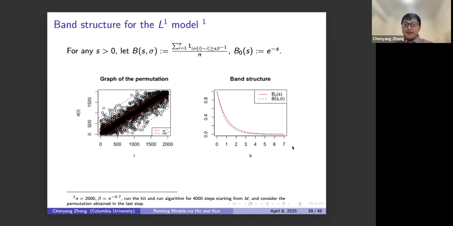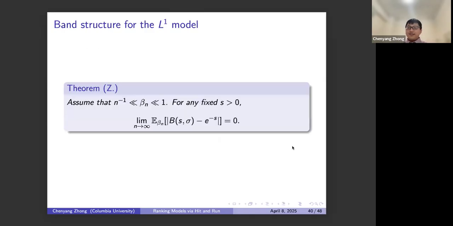Okay, and we can actually prove that. This proof is based on using the hit and run algorithm, as I will explain the proof idea later. But our result shows that this is actually true. We can prove it mathematically. So for any fixed s, which specifies a band of width s times beta minus 1, the proportion of data points that fall inside this band can be described by this function.